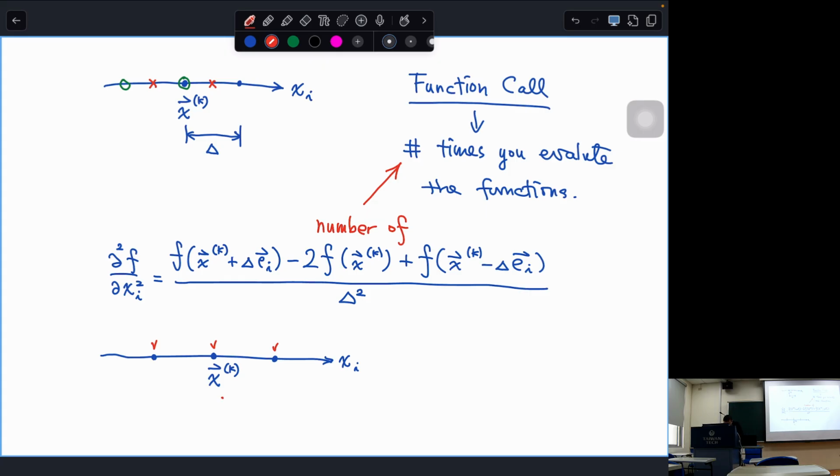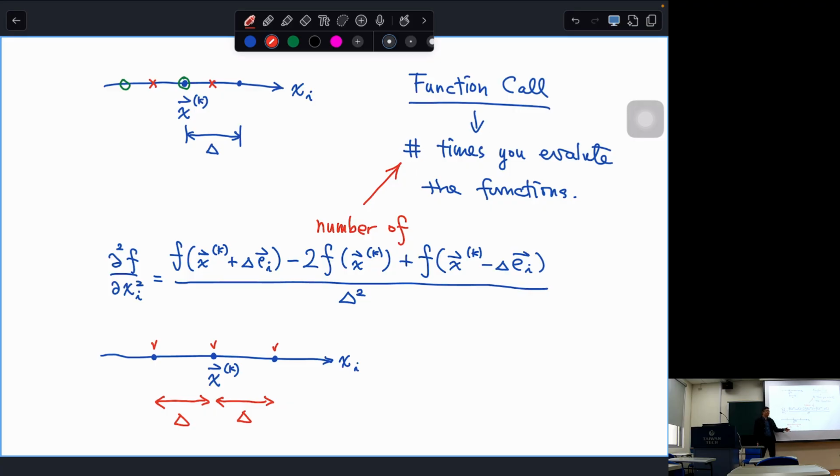So here is delta, here is delta. Okay? So this one is right here, the function value right here, minus 2 times the function value at the current point, plus the function value in the back. So in, for example, Newton's method, when we did first order partial derivative, we already computed for f and also the one with plus delta.